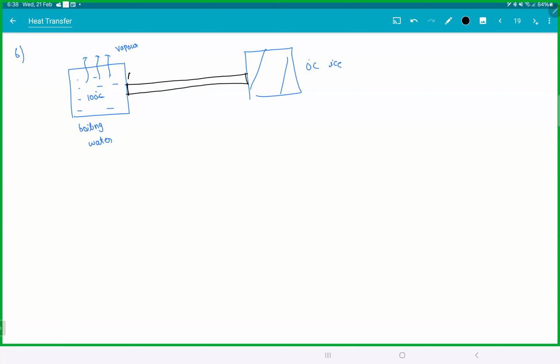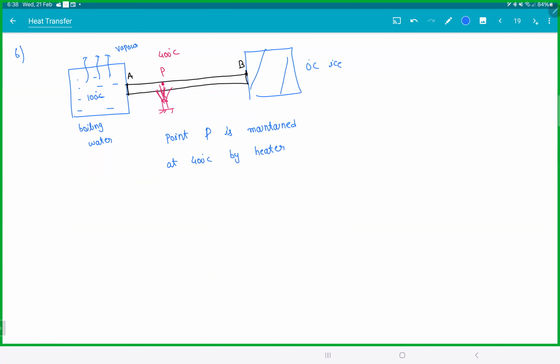So let's call this point A. Let's call this point B. Somewhere on this rod, you kept a flame, a heater, and you're sending heat through this. At this point P, the temperature is 400 degrees, maintained by a heater, burner, whatever you want to call it.